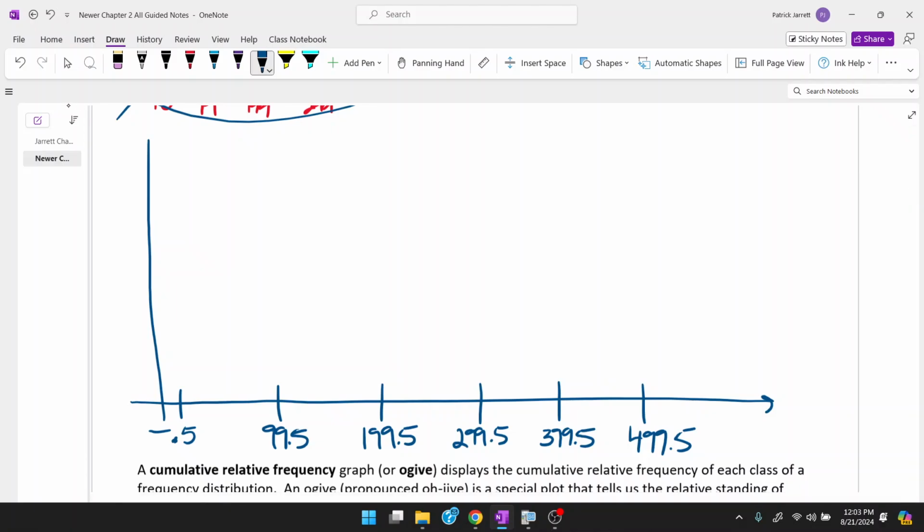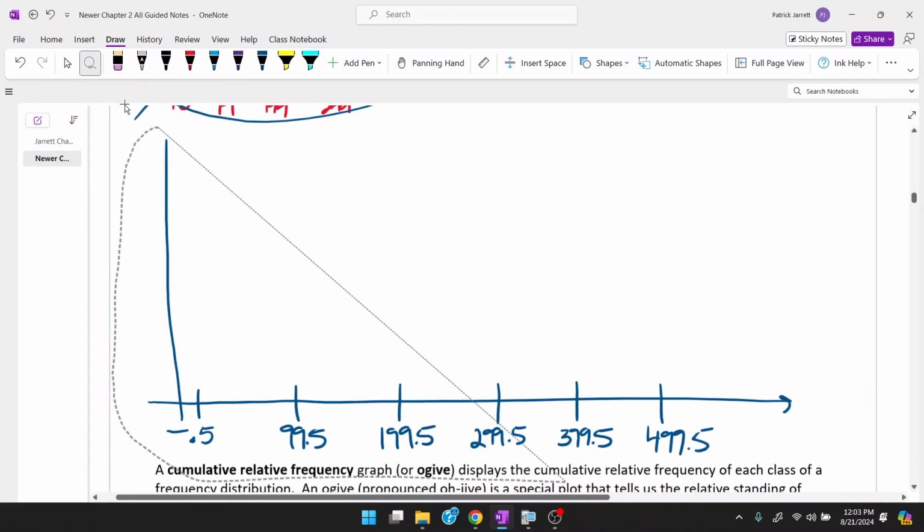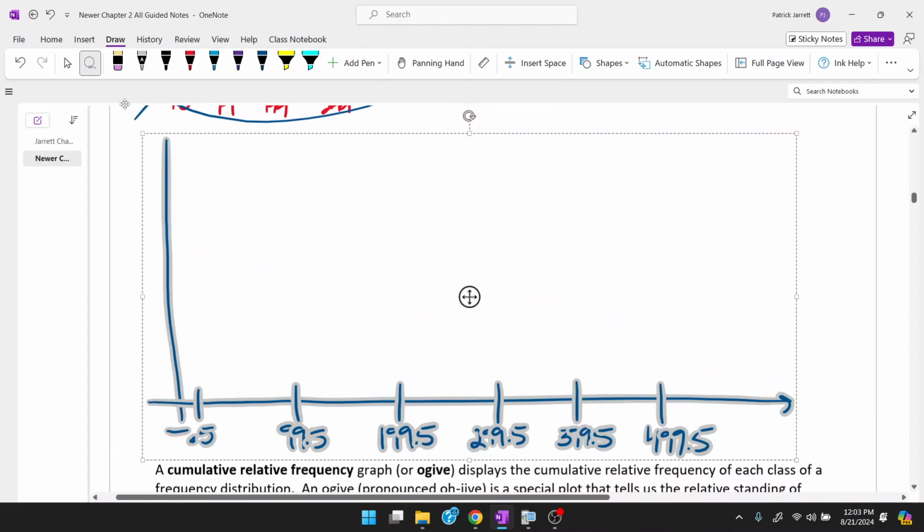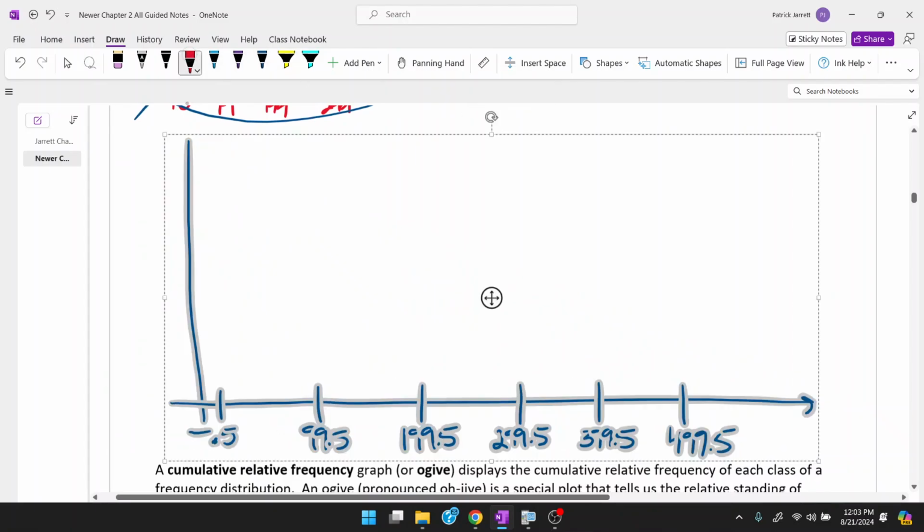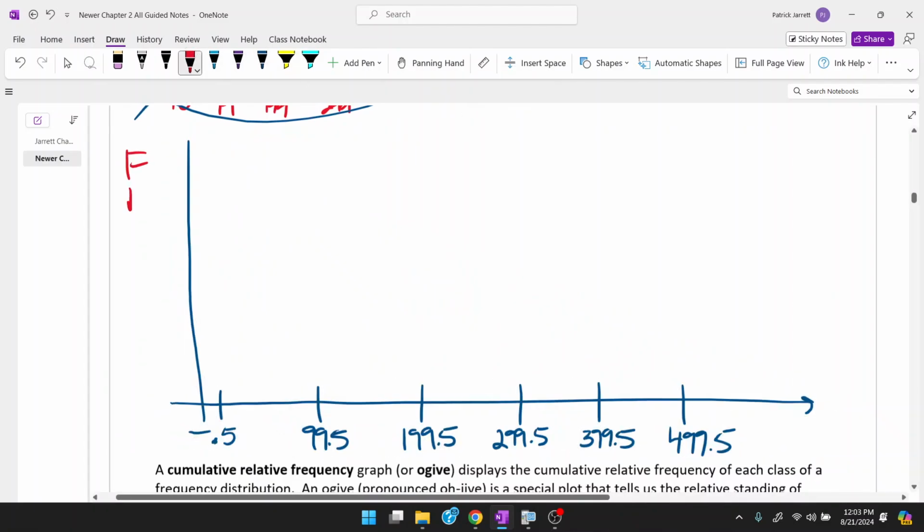Now, the vertical axis for this will be whatever the frequencies are. But we're going to hold off for a few minutes. Keep in mind, frequency is the count, or how many occur.